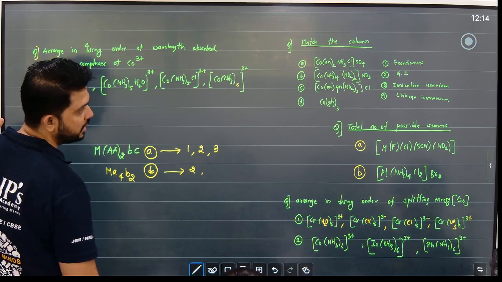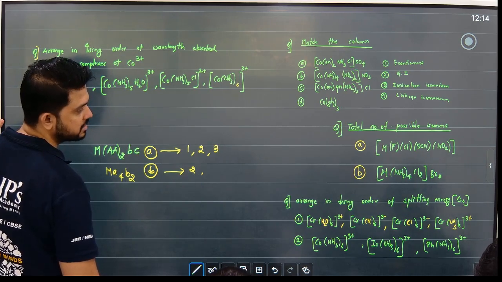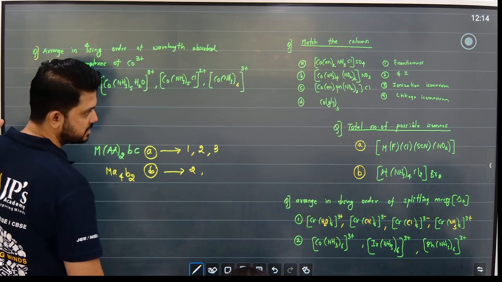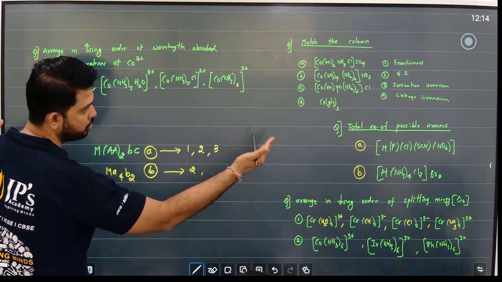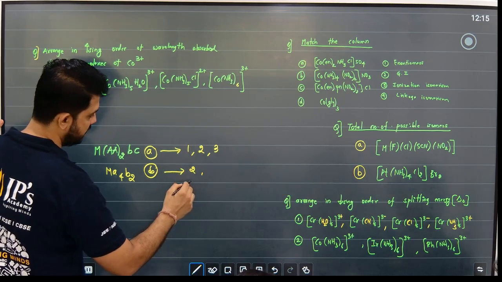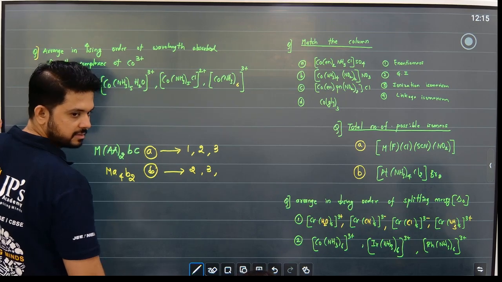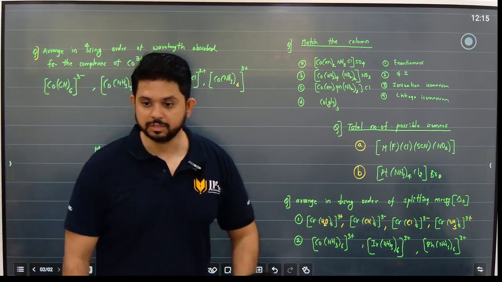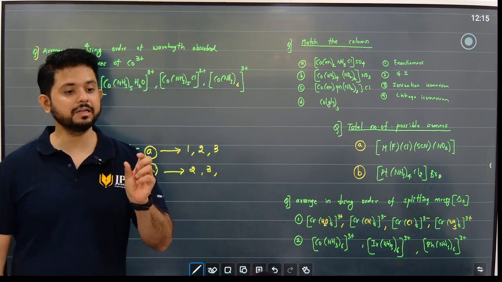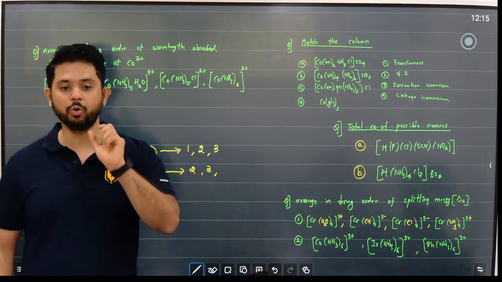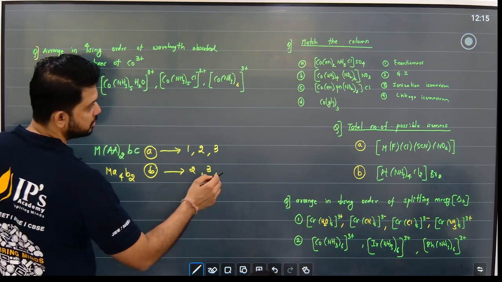Will it show ionization isomers? Yes, NO3 outside and NO2 inside, so ionization. Will it show linkage? Excellent. Yes. NO2 can be written as ONO. So 2, 3, 4.